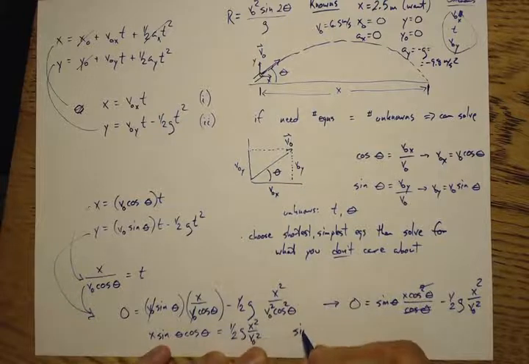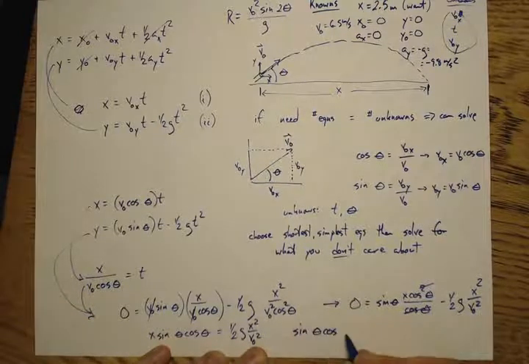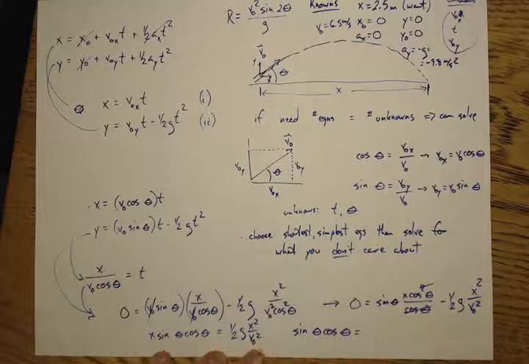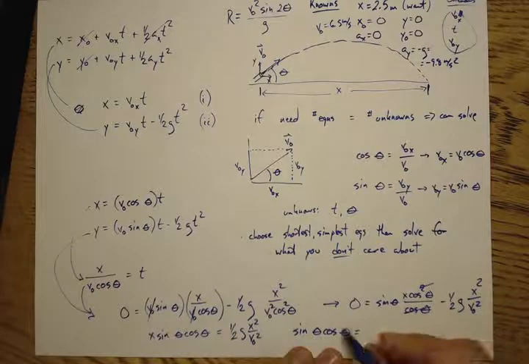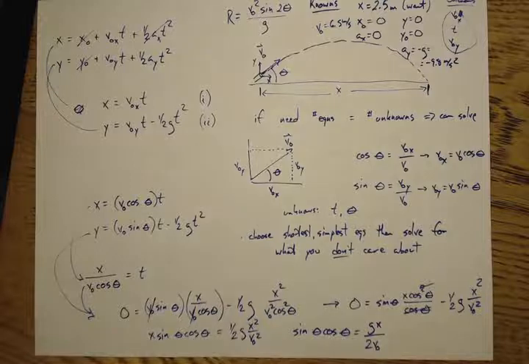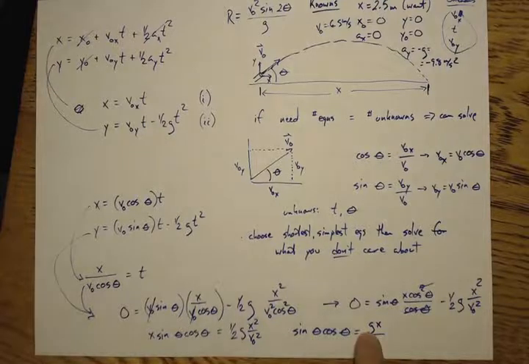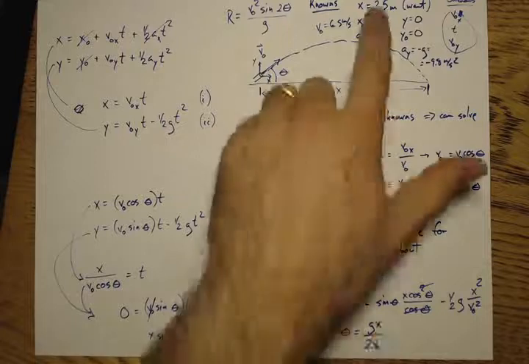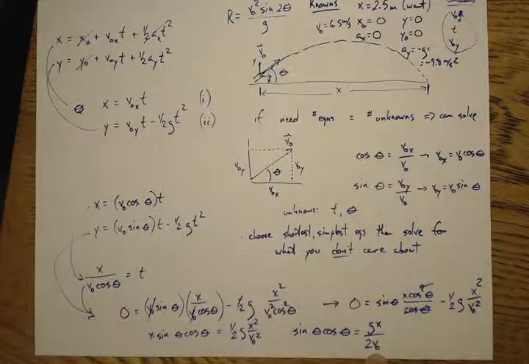So I'm going to get sine theta cosine theta is equal to g times x, that's the range that it goes. So the x squared divided by x is just going to give me x over 2 v naught squared. Okay. And I know g, that's 9.8, x is 2.5, v naught is 6.5, and 2 is 2. And I got my unknown on the other side, so how do I solve this?